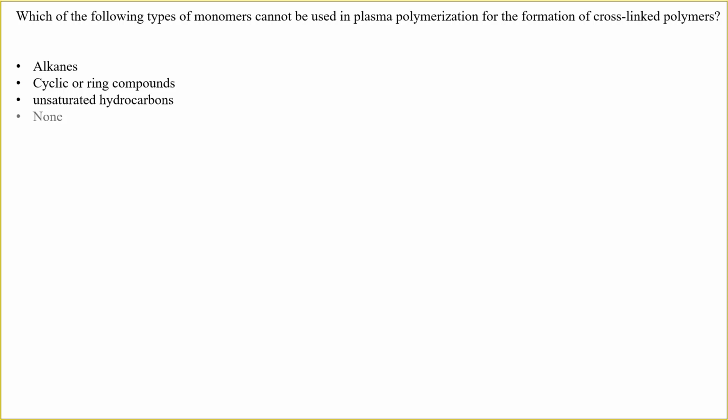So for a standard polymerization process, none of these can be used since they are not suitable to be used with the plasma, as plasma is a very high temperature polymerization reaction, and alkanes, cyclic compounds, or unsaturated hydrocarbons can create unwanted byproducts during the plasma polymerization. That's why only compounds which can withstand very high temperatures are required for the polymerization process. So none of the above is the correct answer for this.